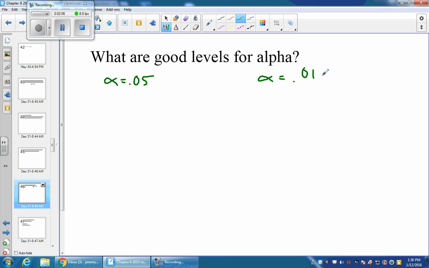Sometimes 1%, and it could even be 0.001 and so on, depending on how certain you want to be of your value. We'll talk more about this when we get into type 1 and type 2 errors, but 0.01 is a fairly strict significance level. 0.05 is average, and a very loose one would be 0.1, so 10% of the time.